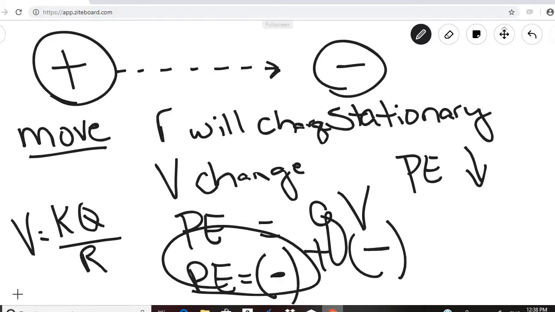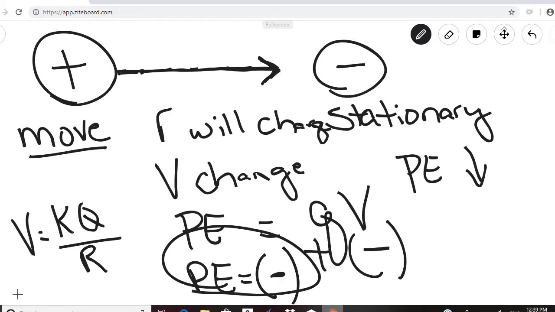But then as the positive particle starts accelerating toward the negative charge, and as it gets closer, it's going to continue to accelerate. Well, then what's happening? The potential energy is being converted to kinetic energy, the energy of motion.